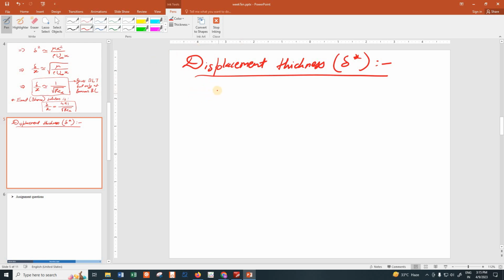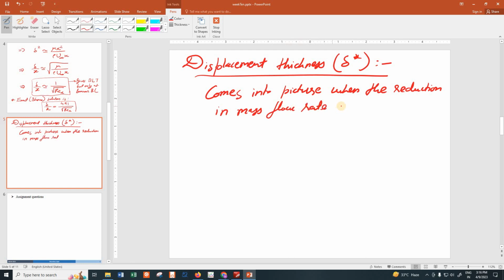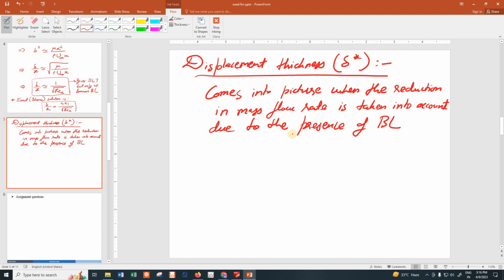It comes into the picture when the reduction in mass flow rate is taken into account due to the presence of the boundary layer.